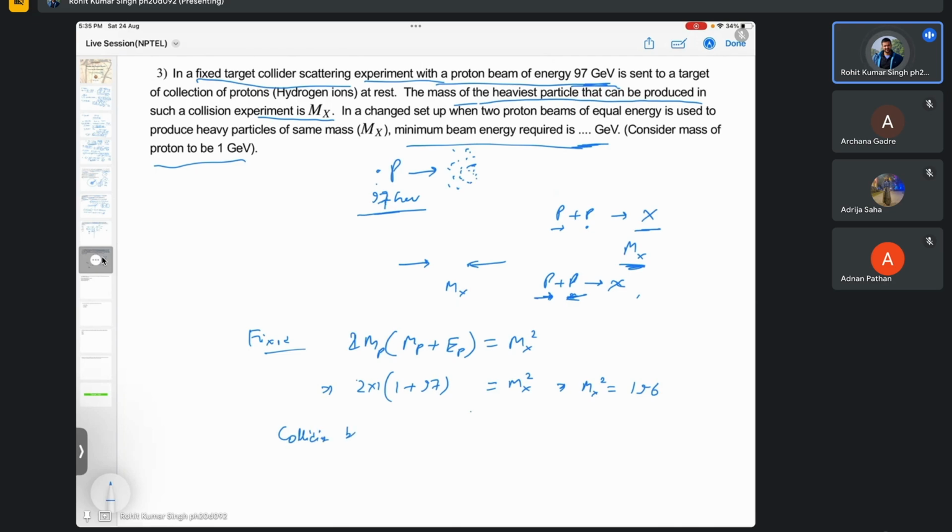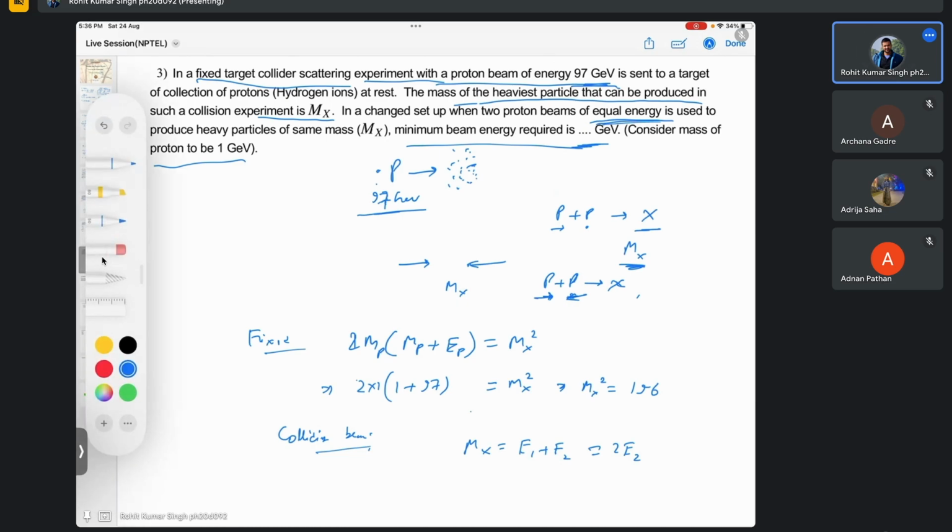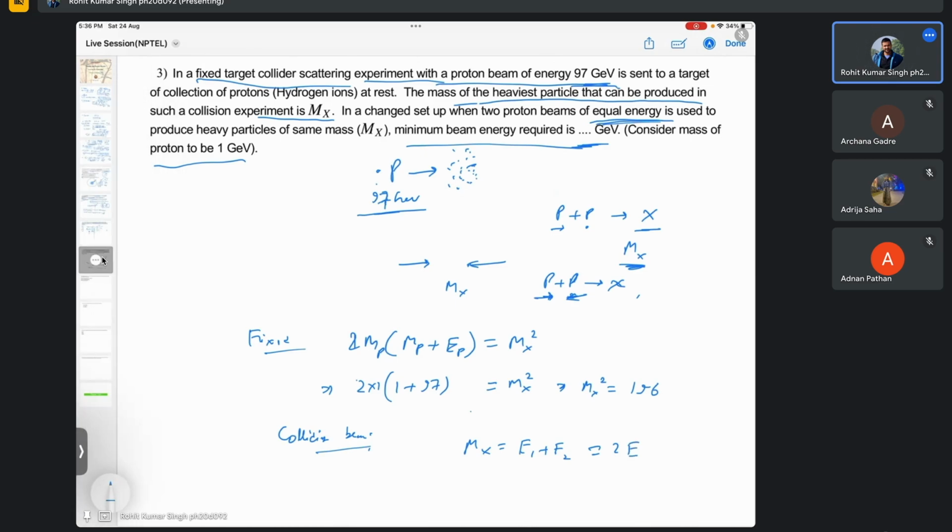For colliding beams, we have mx equal to E1 plus E2, and it is given that both beams are of equal energy, so it's 2E. So you can calculate E as mx by 2.